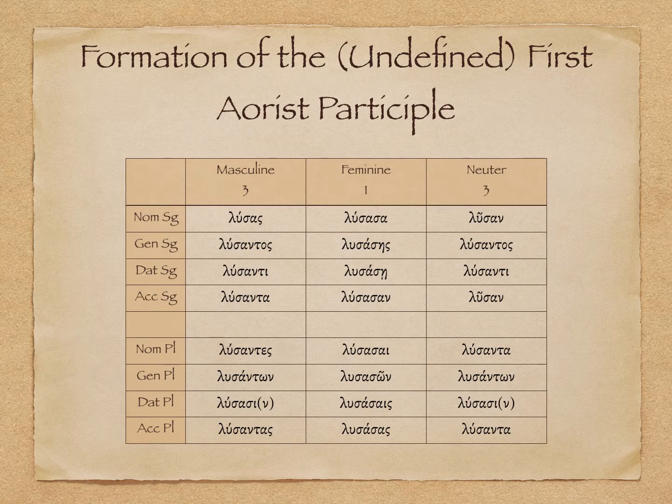Similar to what we've seen in the past, sigma forces the nu-tau to drop in the nominative singular. And notice the pattern for nominative singular accusative, nominative and accusative singular neuter are the same, and nominative accusative neuter plural are the same.